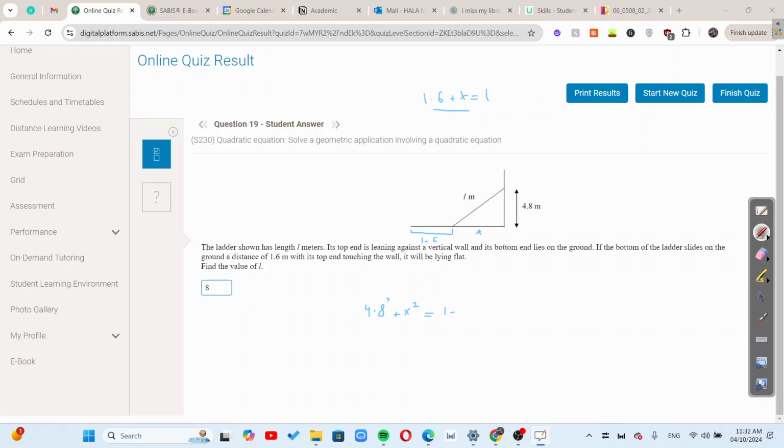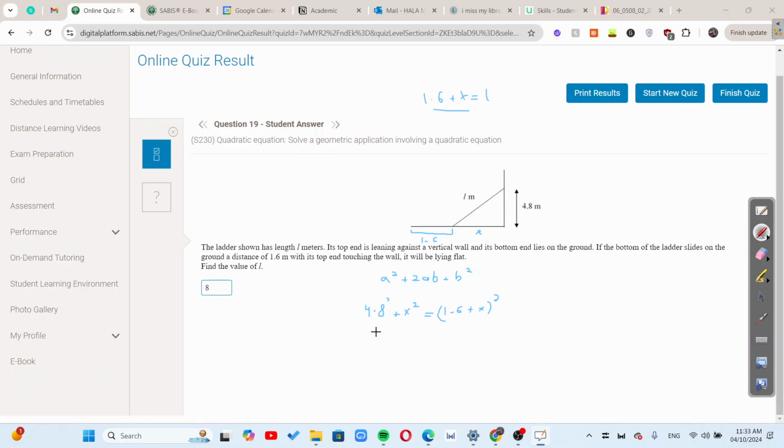So we're gonna write (1.6 plus x) squared. So now let's do this part. We know that (a plus b) squared equals a squared plus 2ab, this isn't O, this is A, plus b squared. This is the same as this, so now let's do it.